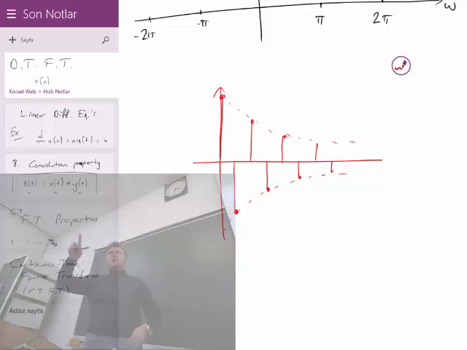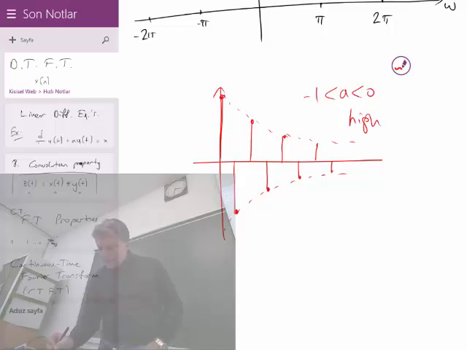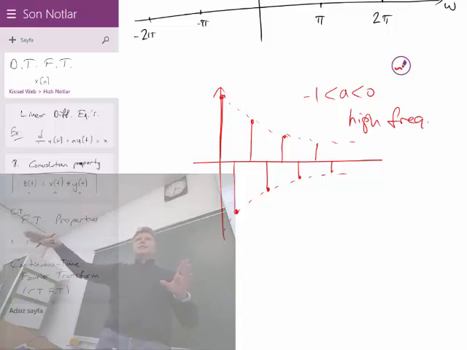It is decaying with oscillations if A is less than 0 and greater than -1. That's why it's high frequency, or a high pass signal that we have. However, if A is positive, it will only be an increase and then a decay. That's the first case.